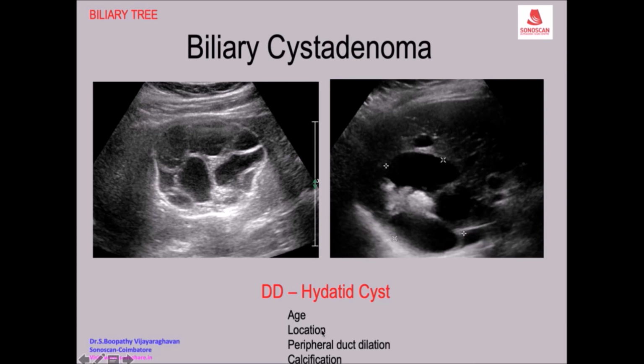The location is more towards the hilum, and there may be peripheral duct dilatation because of obstruction, and you may see calcifications within the cystadenoma, whereas calcification of the hydatid cyst will be peripheral. So that is biliary cystadenoma. Thank you very much.